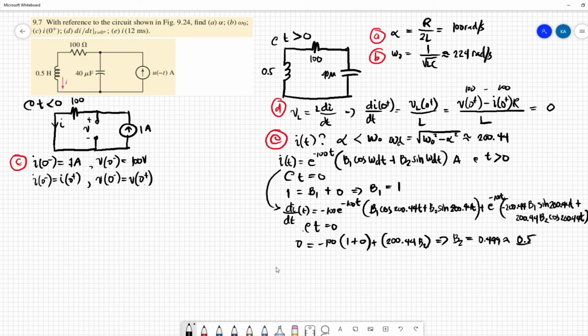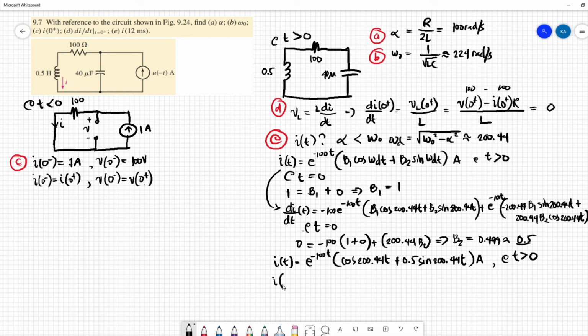So the expression for I of t is equivalent to e to the negative 100t times cosine of 200.44t plus 0.5 sine of 200.44t amperes, for t greater than 0.